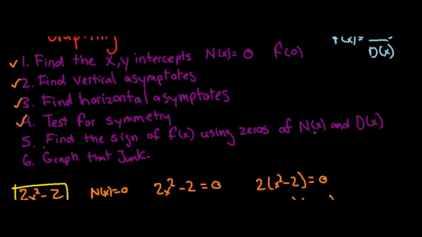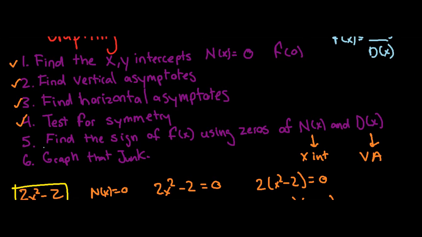The things that make the numerator 0 are the zeros of the function. So when n of x is equal to 0, these are the x-intercepts. And when d of x is equal to 0, these are the vertical asymptotes.